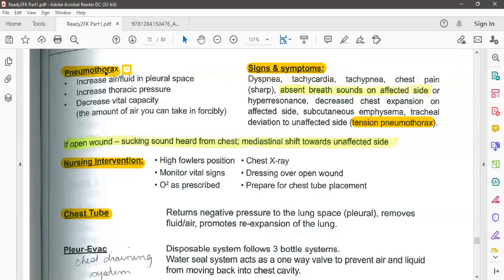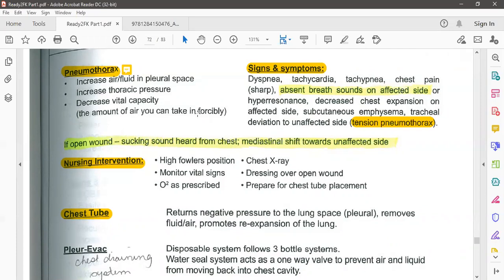Now let me go a little more into pneumothorax. Pneumothorax increases the air or fluid in the pleural space, increases the thoracic pressure, and decreases the vital capacity of the lungs.